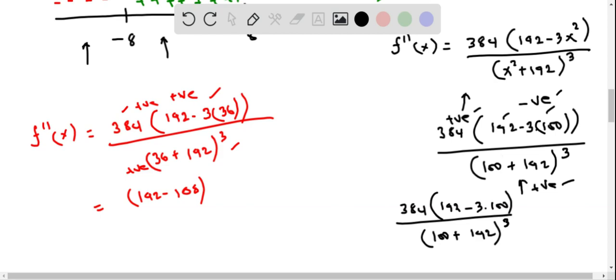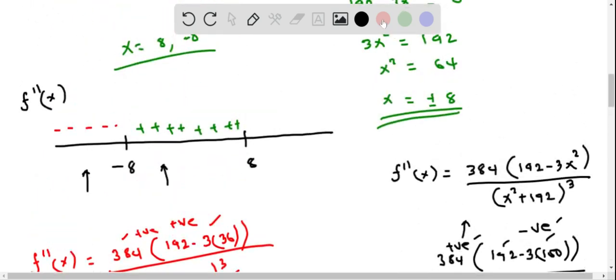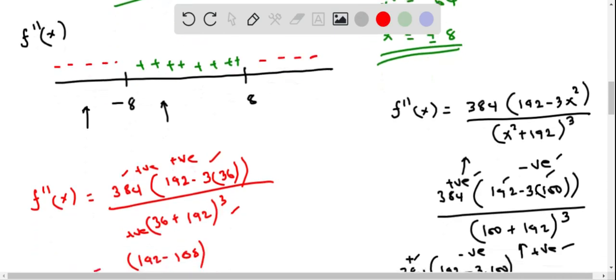And so once again, this is going to be a negative number. This is positive. This is 192 minus 300 is negative, and this is positive. So we have product of positive negative, which is negative, divided by positive is negative. So we mark negative to the right of x equal to 8.